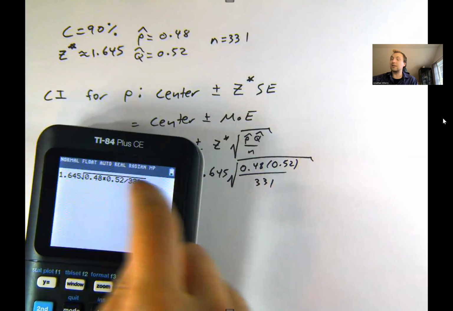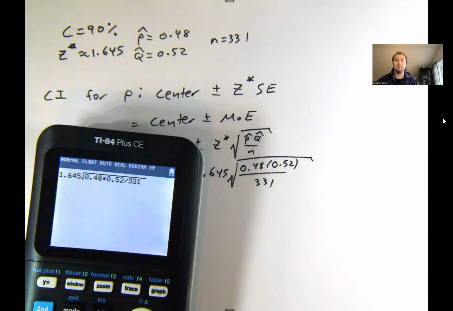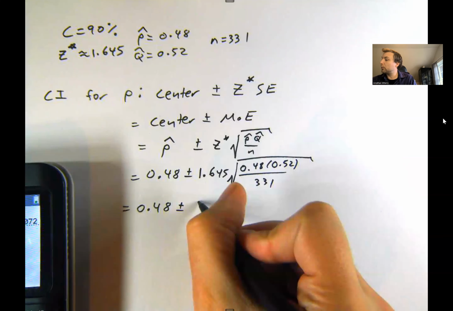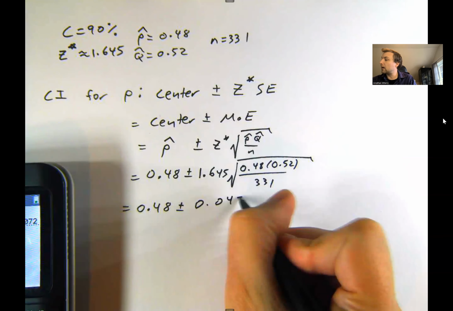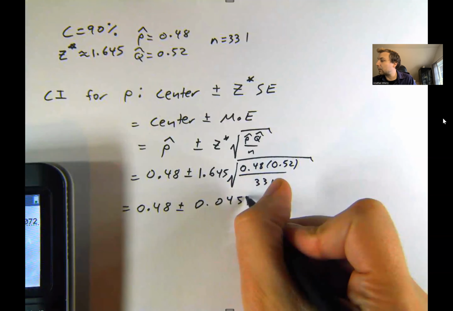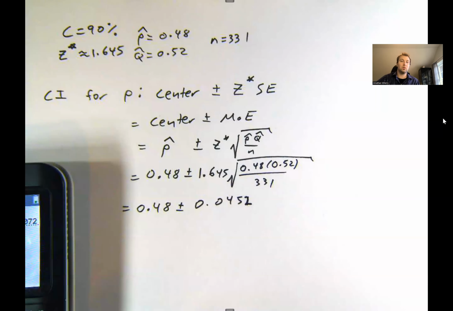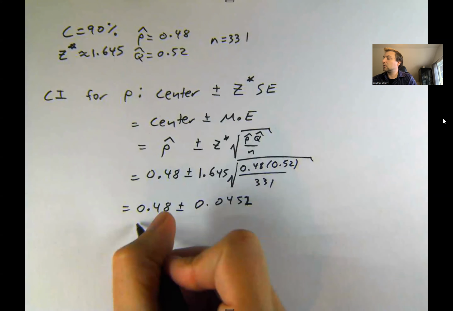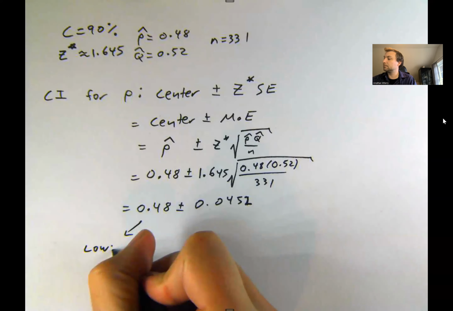On other calculators, you can actually see that the square root is covering them. When I do this, I get a margin of error of 0.0451 or so. And if I round properly, it's actually going to be a 2, so 0.0452. I'm going to do this once with a minus and once with a plus.